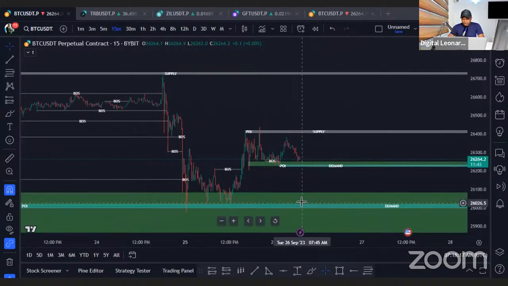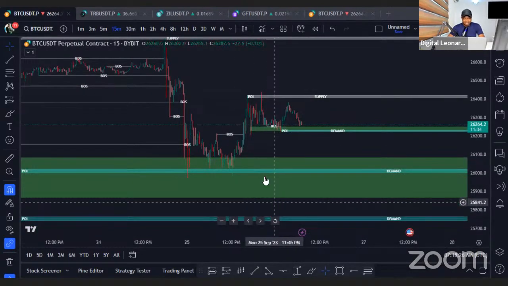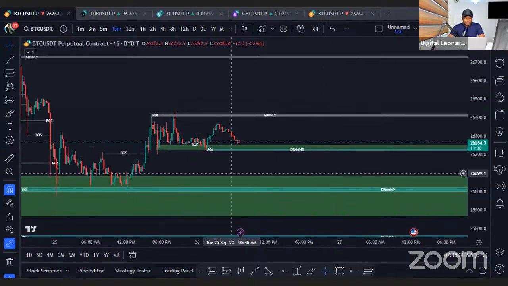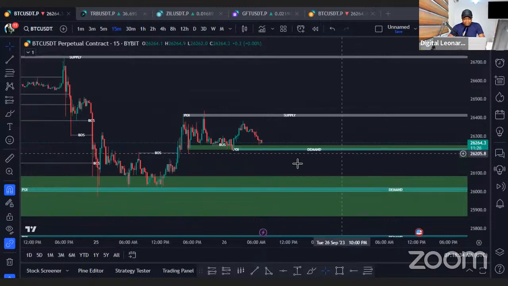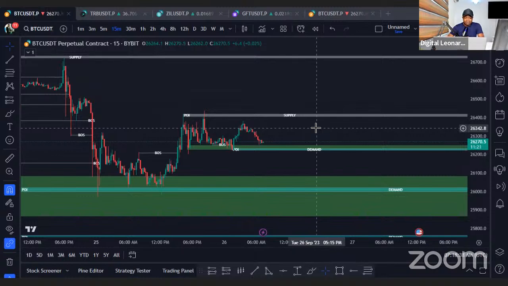If it does come down to this level, I can add to my position, until it breaks below 26,000. Then I'll know that maybe BTC is actually very weak and any moment from now could go below, maybe back to 25 where we were. That's what I'll be looking at for BTC. Currently, I'm already in a trade actually.